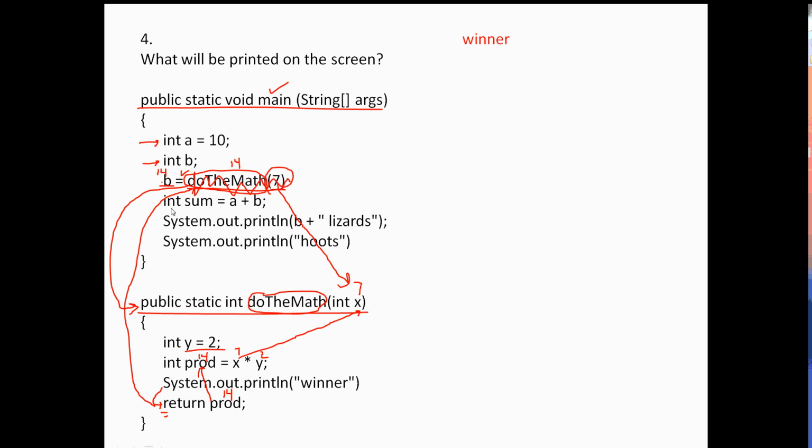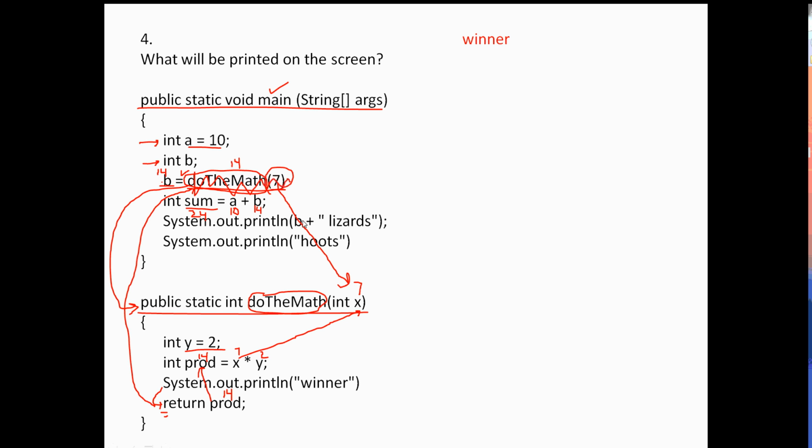Then we go to the next line down and we declare another variable called sum, and sum is going to be assigned the sum of A, which is 10, so that's called, and then B, which has just been assigned 14. So the variable sum has the value now of 24. The next statement down is a print statement.